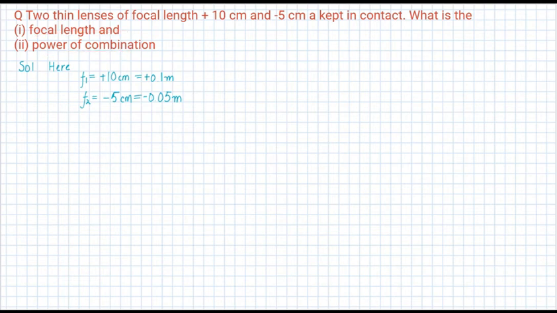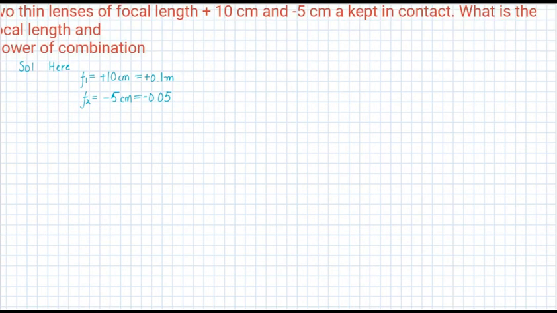Okay. Power of combination, to calculate the power of combination, there are two methods. Okay. The first one is, first you calculate the combined focal length.